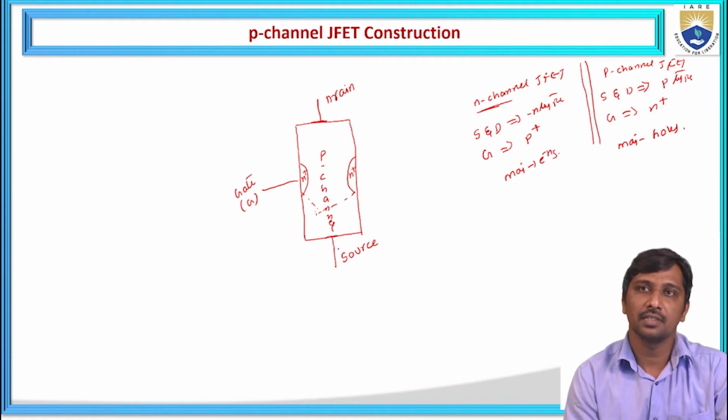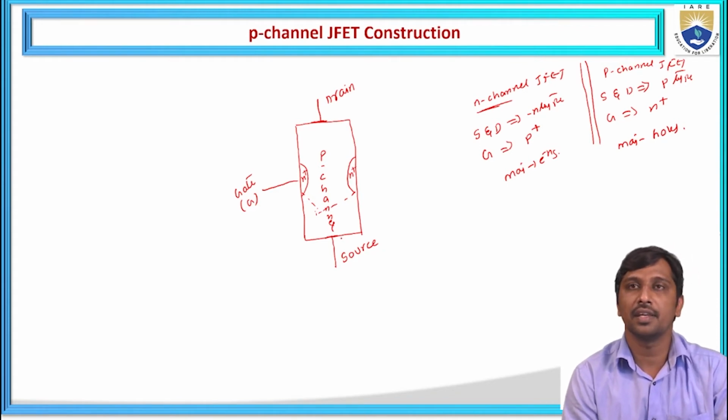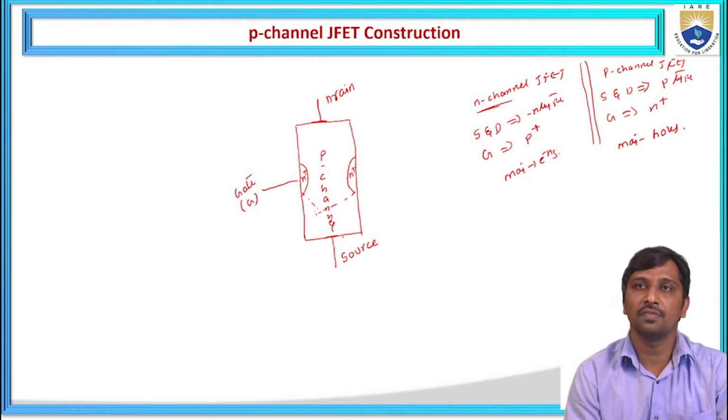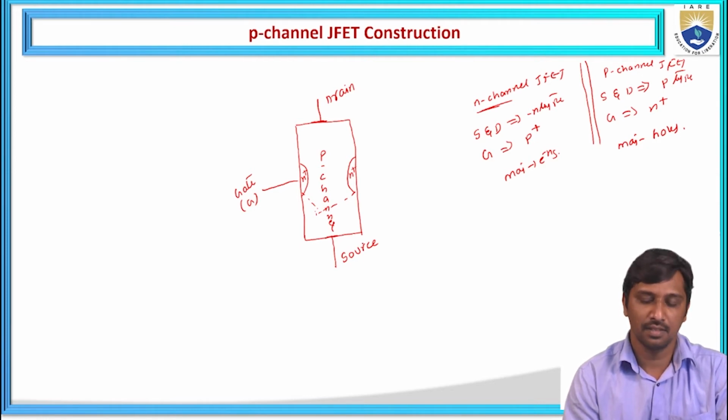And with respect to this channel and with respect to the source and the drain, if you want to identify the behavior or the operation of either an N channel JFET or a P channel JFET, we need to apply a biasing voltage between the terminals. For this case, based on the construction principle, we need to apply a biasing between drain and source that is represented as VDS.